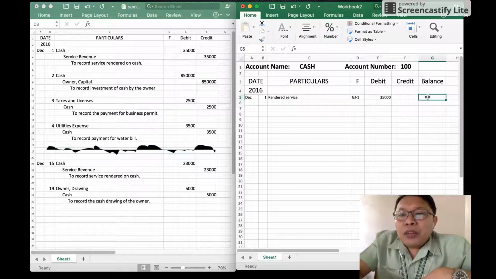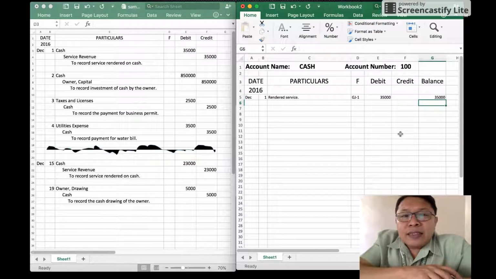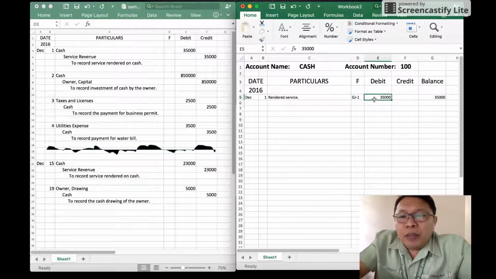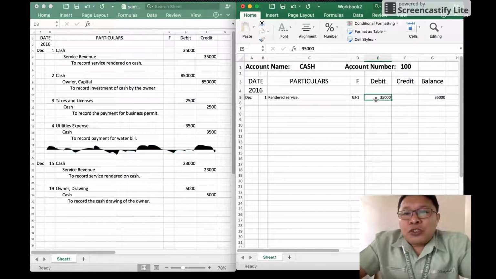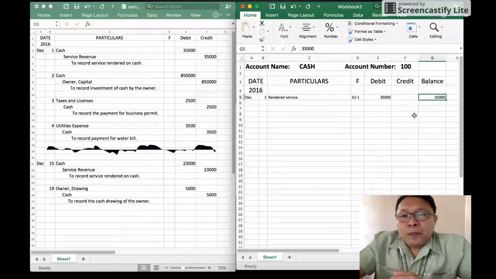Okay, we know that we have a balance of 35,000 and that balance is a debit balance. For what reason do we assume that? Because the amount for debit recorded first is 35,000. Therefore, our balance is a debit balance equivalent to 35,000. We are done with the first entry.